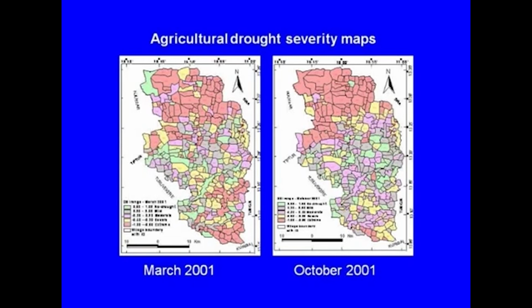Similarly, for 2001 the assessment has been made, and what we find is that in this particular year, after the monsoon is over, the extreme severity conditions, specifically in the top part of the taluk, have undergone a significant increase in the number of villages.